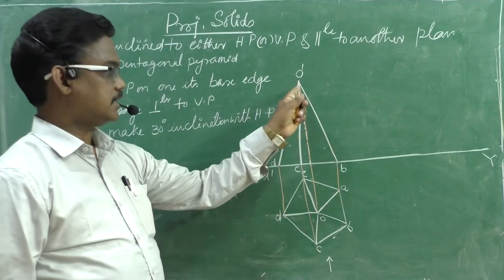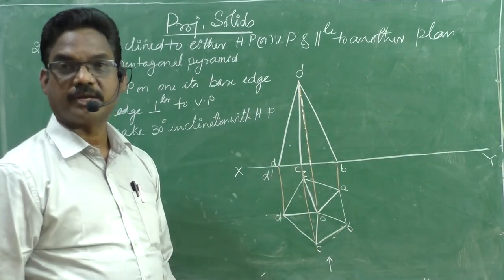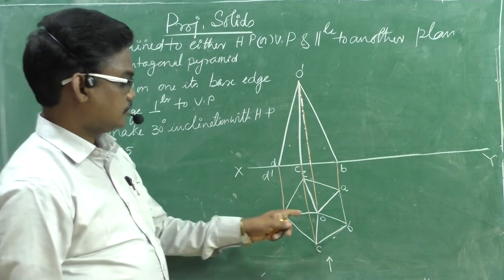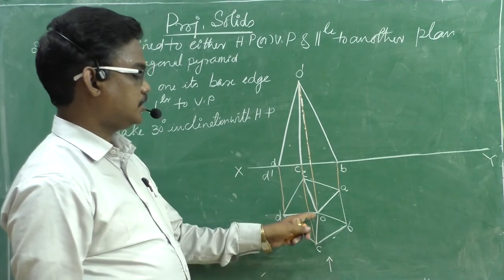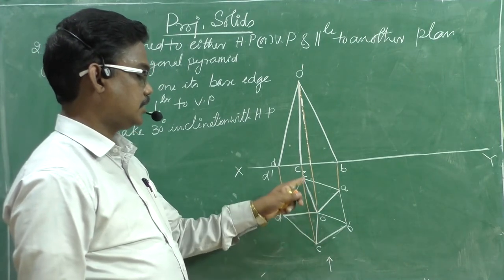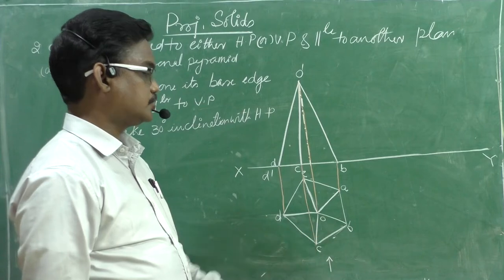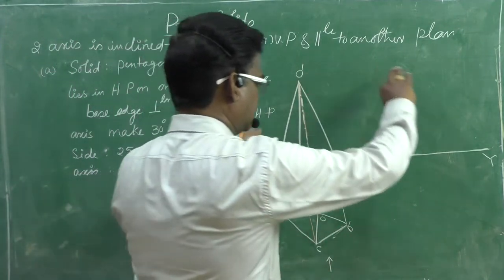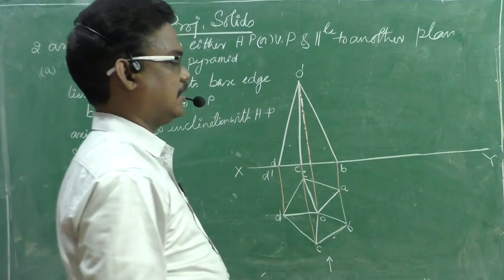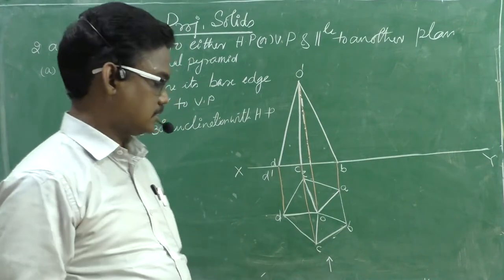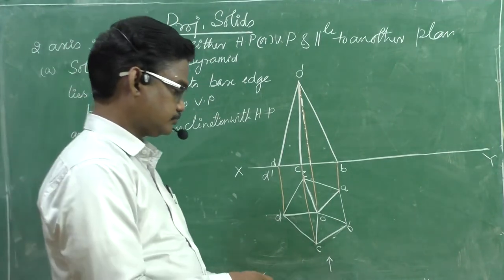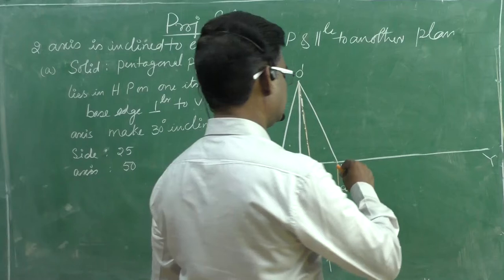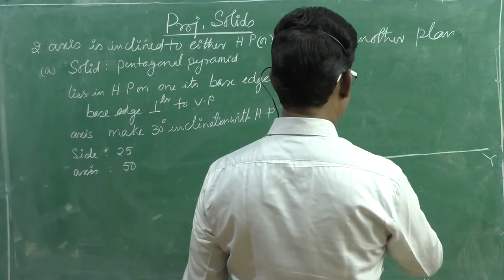That is the reason a continuous line we can see. Here, what about OE? OE is invisible, but on the OE line, OC is overlapped. Now we need to tilt this for an angle of 30 degrees with HP.